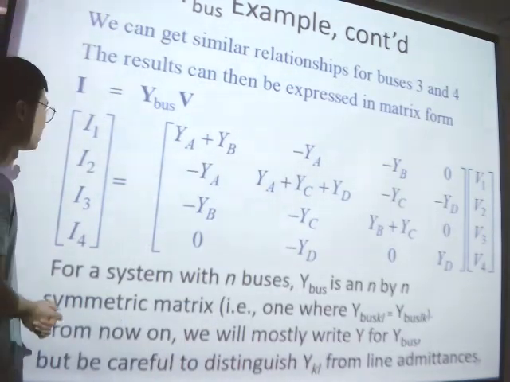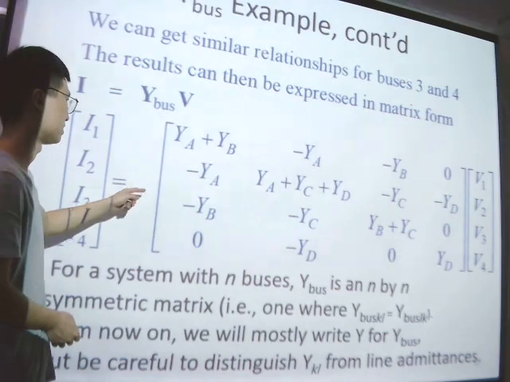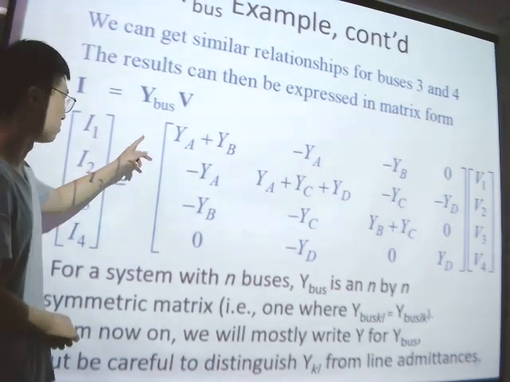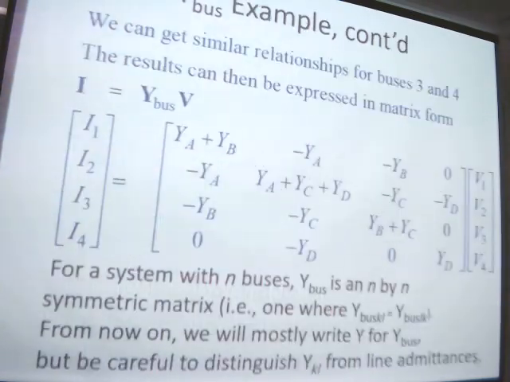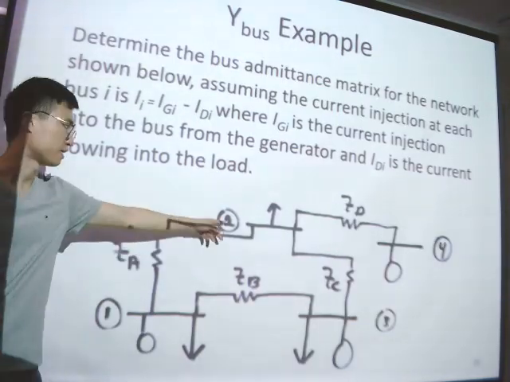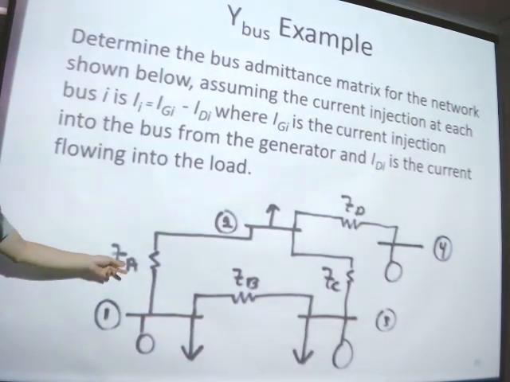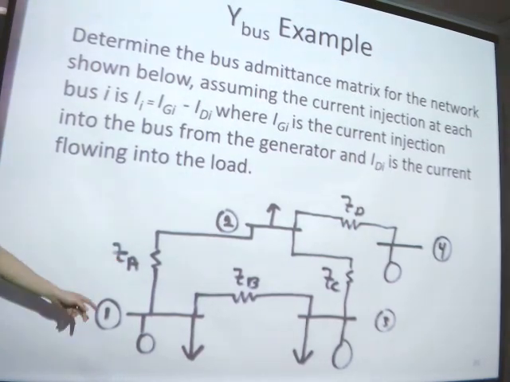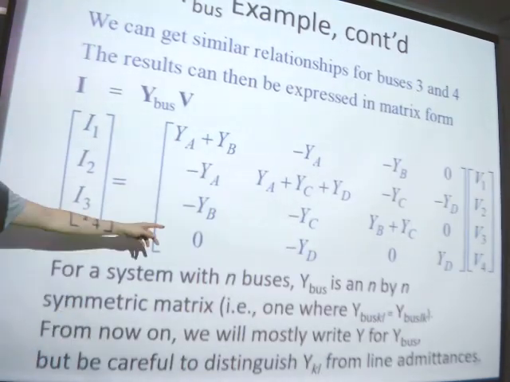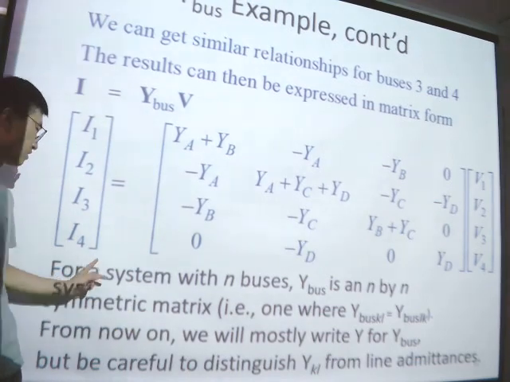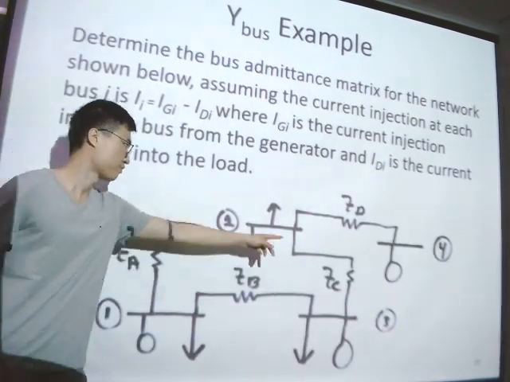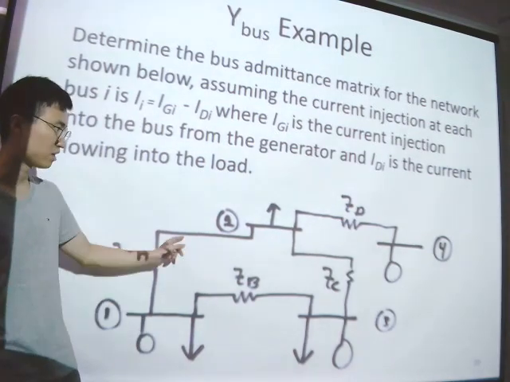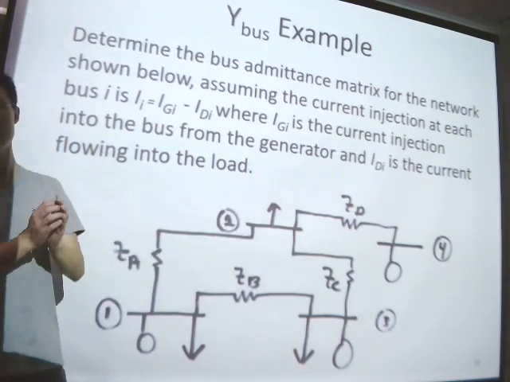And for the mutual, this is from 2 to 1, so it's the negative admittance of A, right? So we know that. But for bus 4 and bus 1, you can see bus 4 is here and bus 1 is here, no connection, so 0.